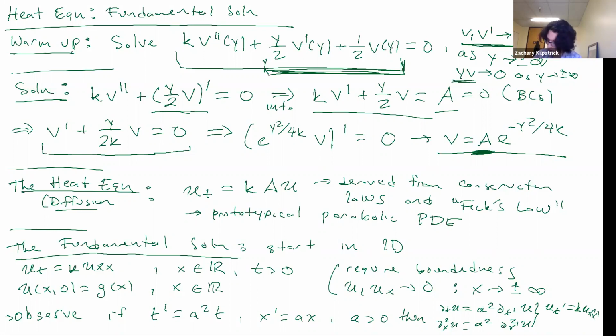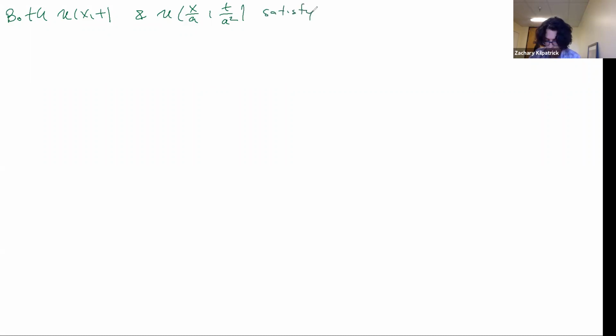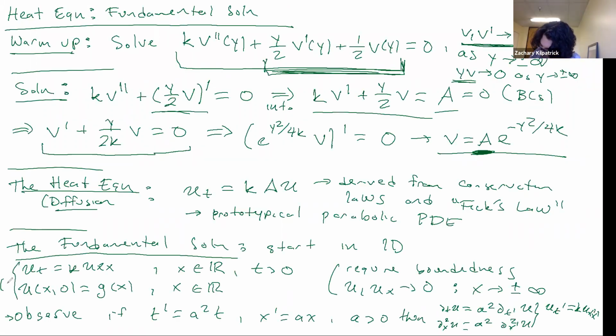So all of this is to say that both u of x, t and u of x over a, t over a squared, or vice versa, satisfy star, my original PDE, which is labeled star there.